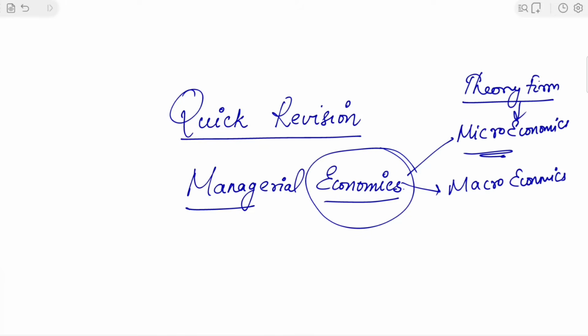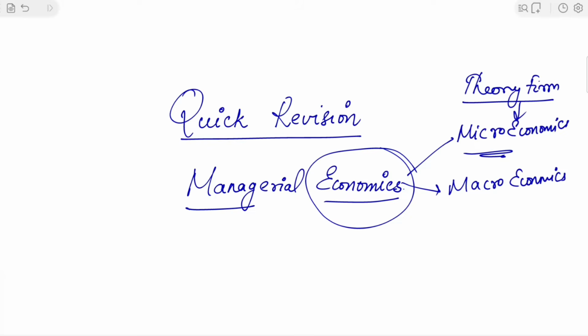Then coming to macroeconomics, macro meaning large, it is the study of the aggregate or total economic activity of a country. Things like gross income, GDP come into the picture, because it is at a larger scale. It is not limited to just a firm or an individual, but rather whole markets and whole industries.